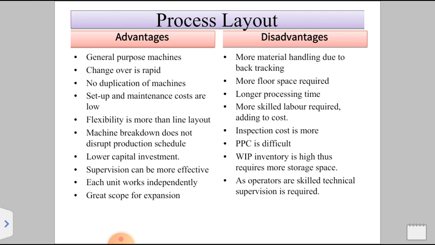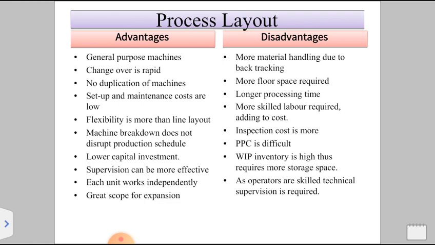Then supervision can be more effective because one supervisor can supervise the activity within a department. Then each unit works independently because there is groupism of a function, so drilling functions may work independently, so they do not need to depend on another department, so their work can be performed independently. Then great scope for expansion.